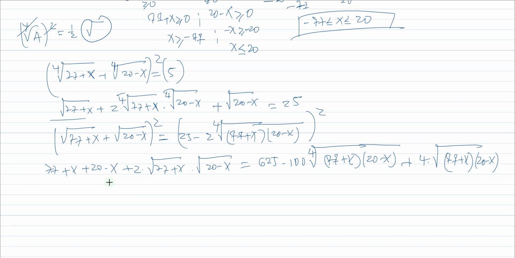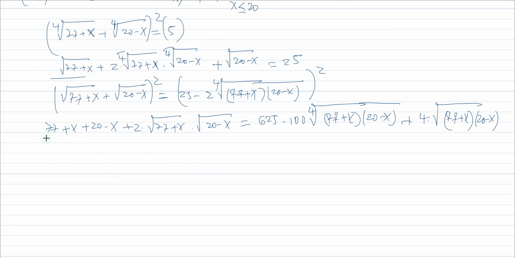So given that, guys, we know now we have x minus x, which is 0, and then what I'm going to do is pick everything on the left side of the equation and send it to the right side of our equation. Okay, so then we're going to have 77 plus 20, which is 97.